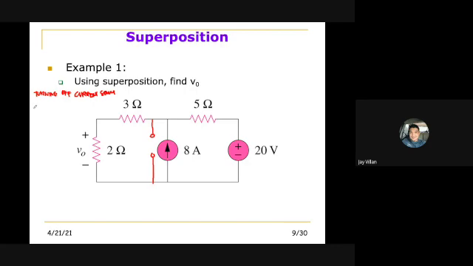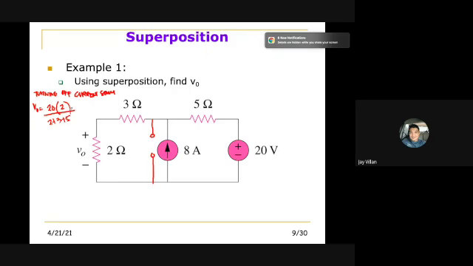So what are you going to use? It is a simple circuit, so we will use the voltage division formula. So VO now is equal to 20 as the source, times 2, the resistor where VO is present, and then 2 plus 3 plus 5.